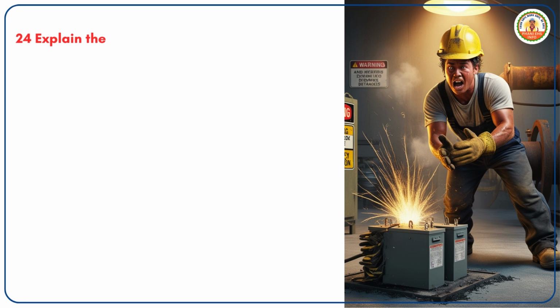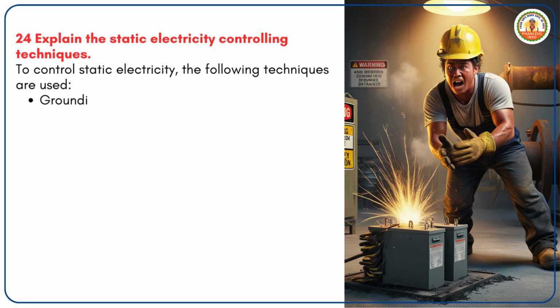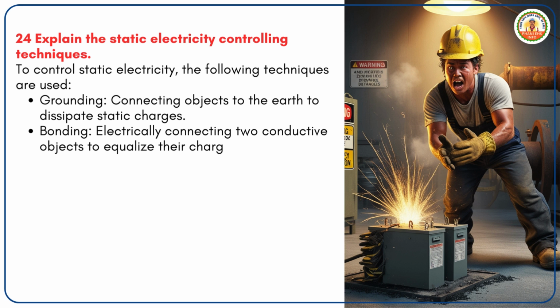24. Explain the static electricity controlling techniques. To control static electricity, the following techniques are used. Grounding, connecting objects to the earth to dissipate static charges. Bonding, electrically connecting two conductive objects to equalize their charge.